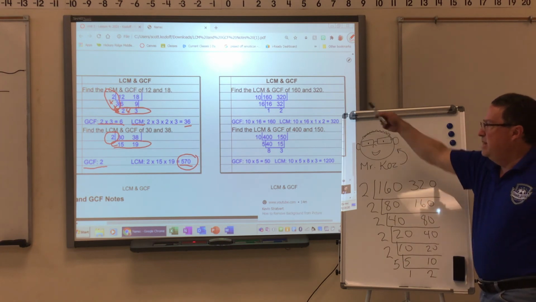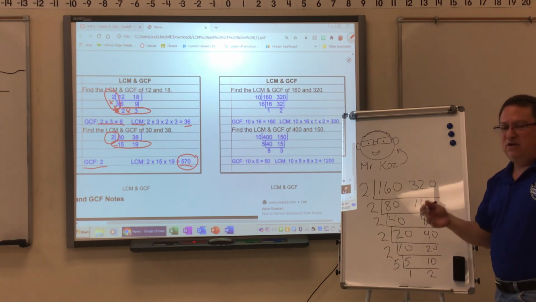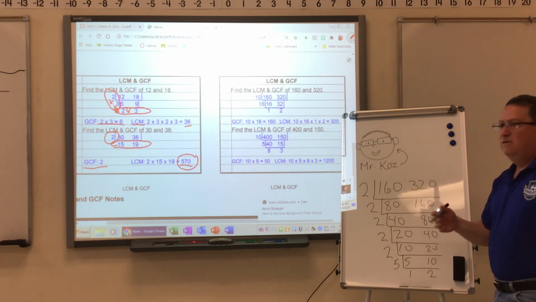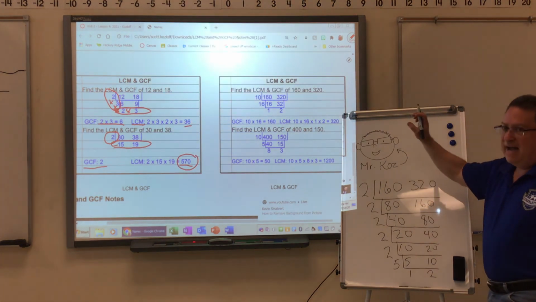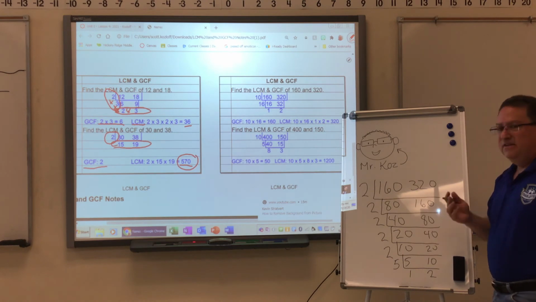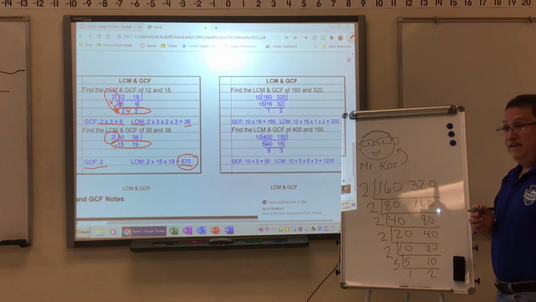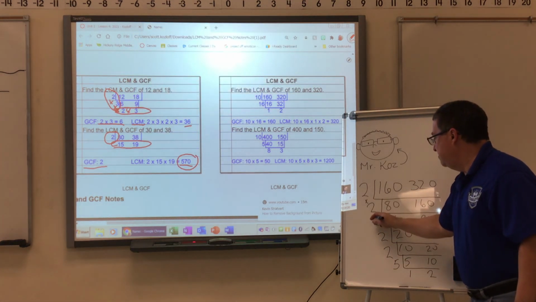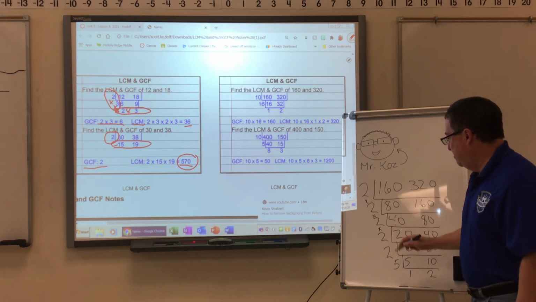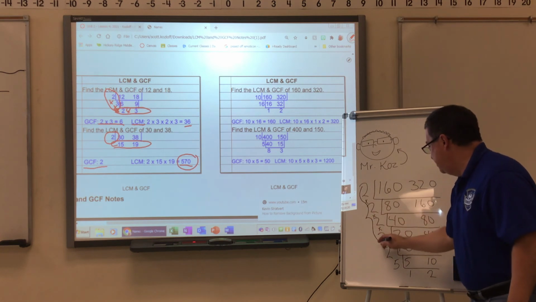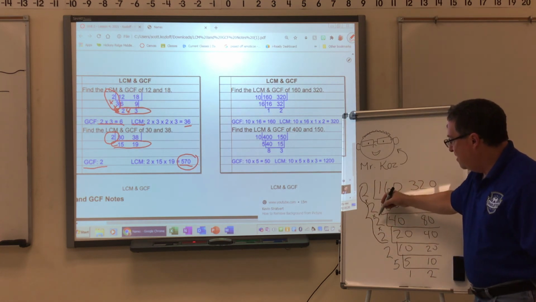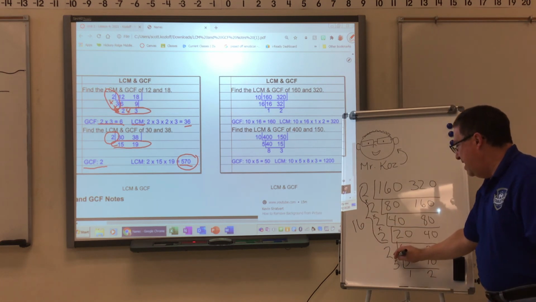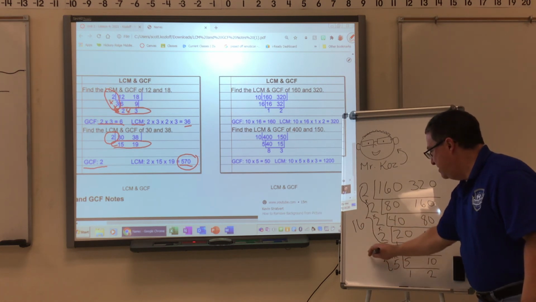Okay? In the picture up here, when you get good at this, then you are more than welcome to use non-prime numbers. But until you really get good at it, it's not a good idea to do that. In other words, 2 times 2 times 2 times 2, which are all of these 2's, is 2, 4, 8, 16. 2 times 5 is 10.